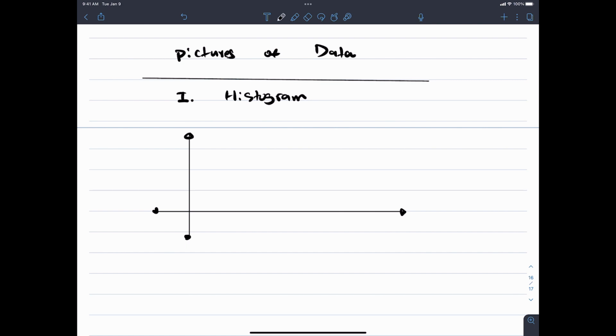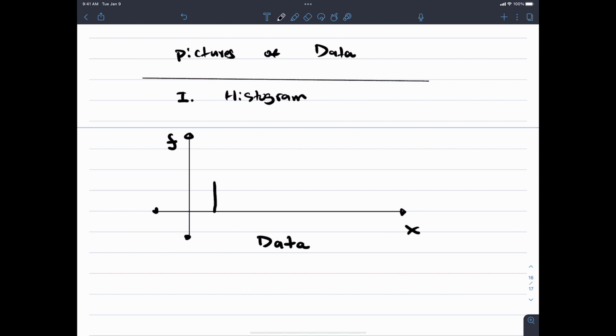A histogram, if I draw a picture so you guys know, borrows from algebra. You have an x-axis and a y-axis. Remember, x represents the data. These x values are called data values in general. And the y-axis will be our frequency axis.